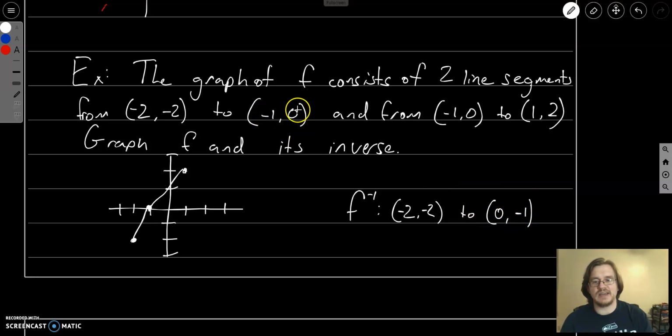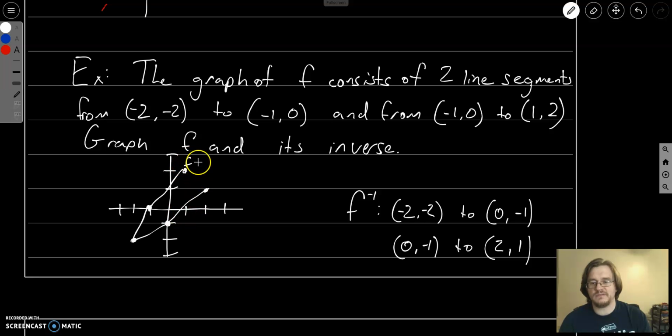I've just swapped x and y. And then from this one, it's going from 0, -1 to 2, 1. That's pretty easy. So we're going from -2, -2, so it's still this point, going to 0, -1. And then we're going out to 2, 1.